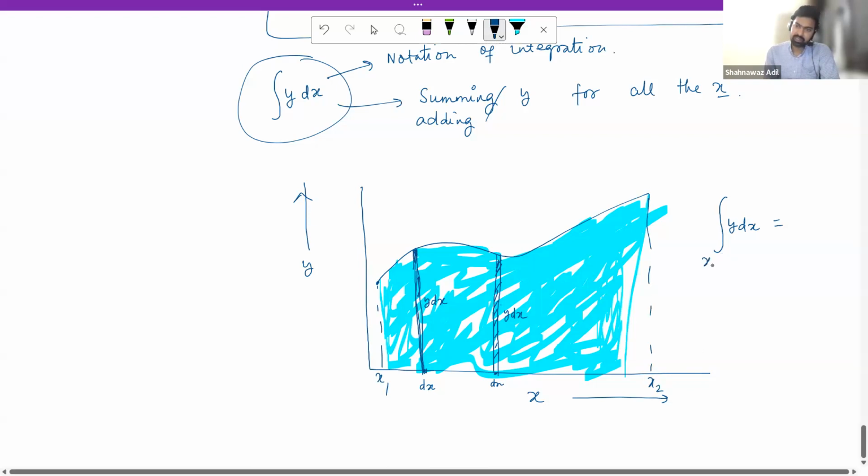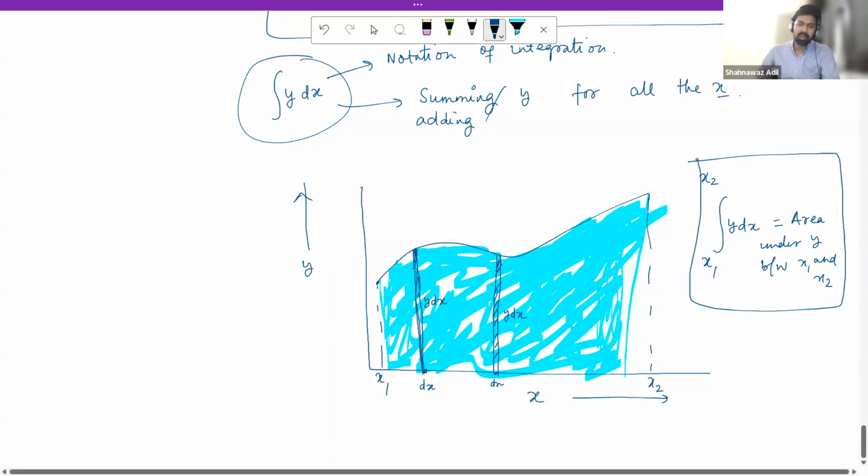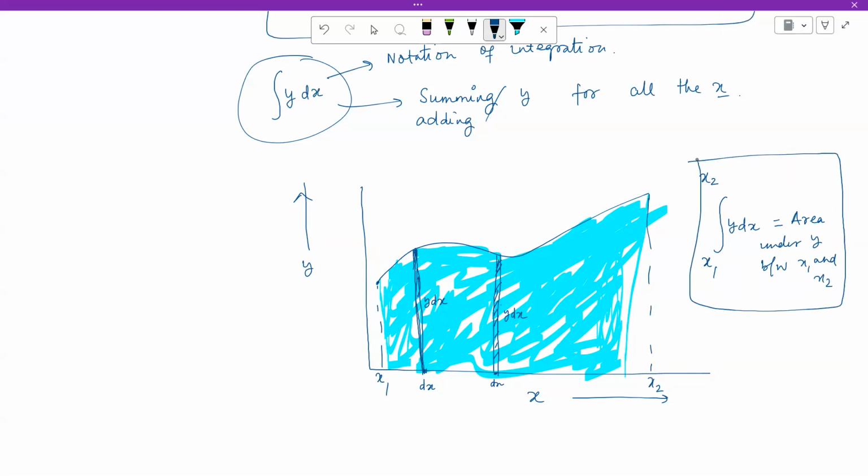This would give me the area under y between x1 and x2. So that is the meaning of integration. Is this part clear to you? Yes, sir.